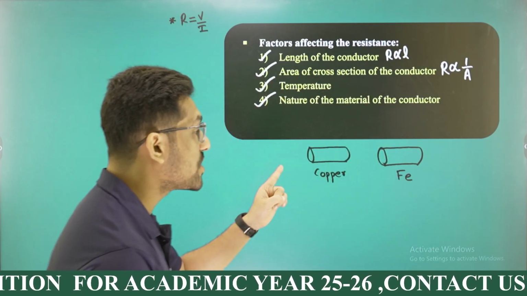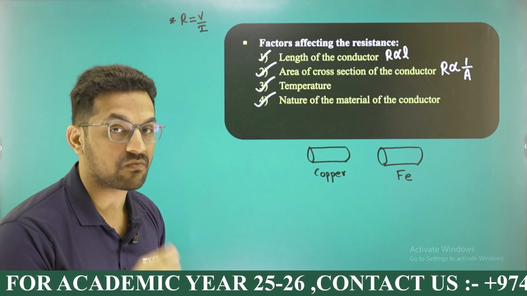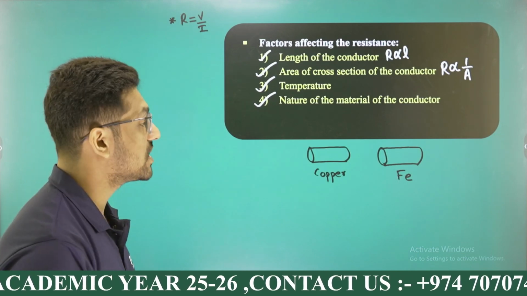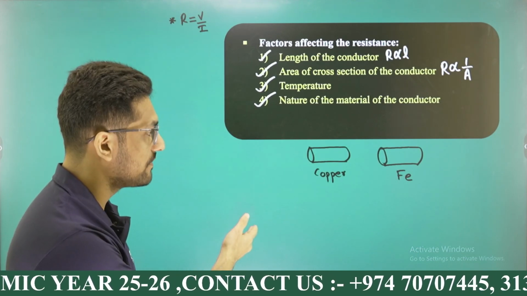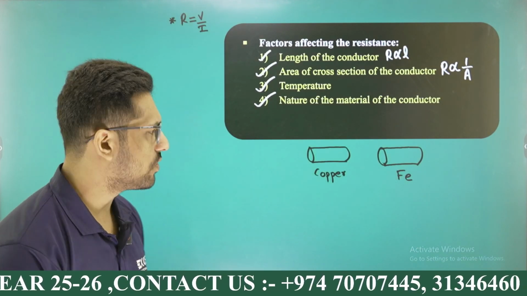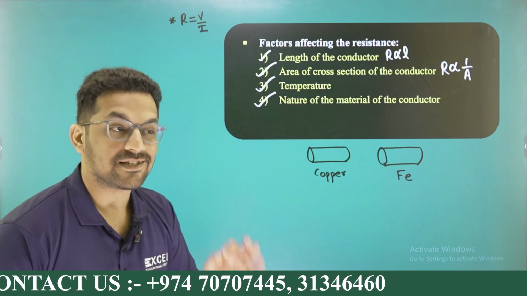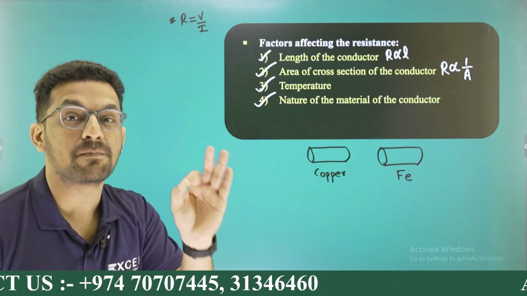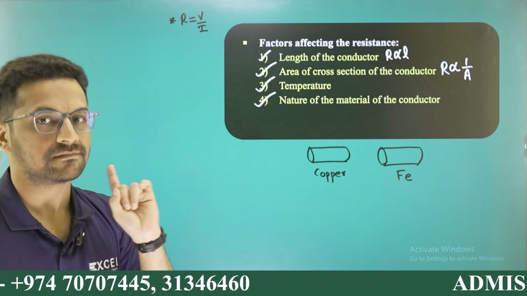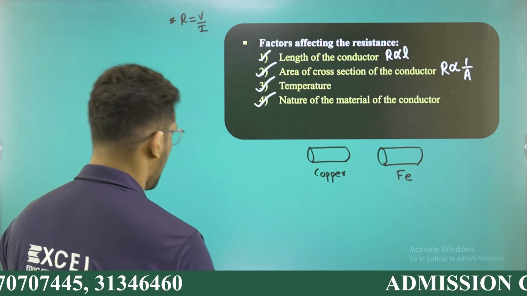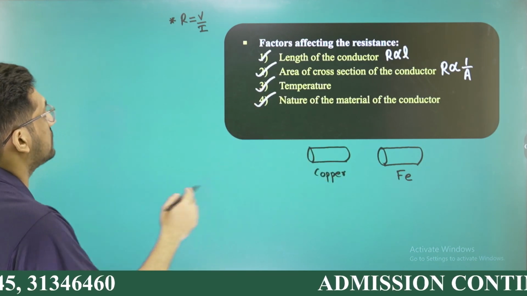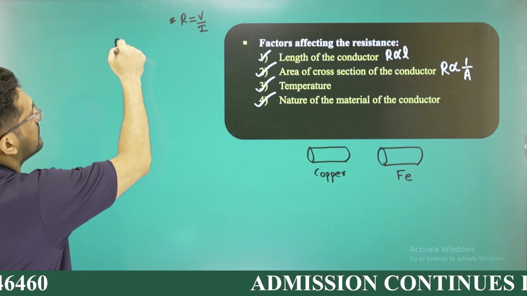Right? If you measure the resistance of these conductors, what will you get? You will get different values. One is copper, the other one is iron. So they will show different values of resistances. Then you can say the resistance depends on the material. Clear?